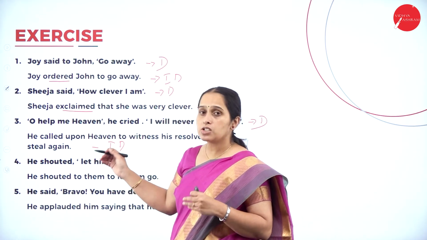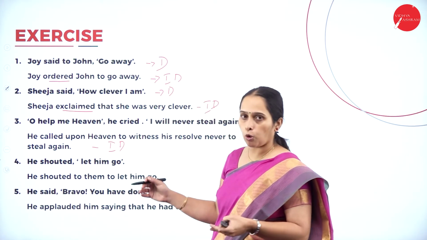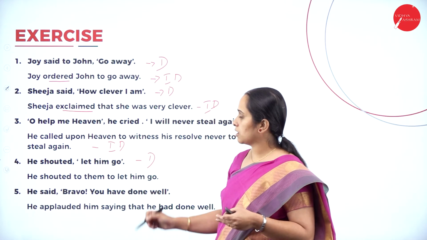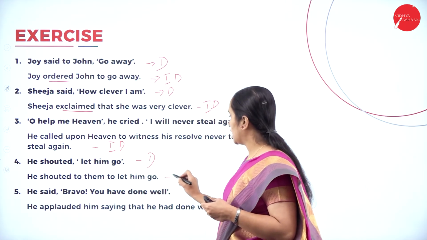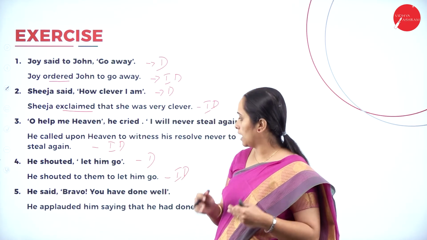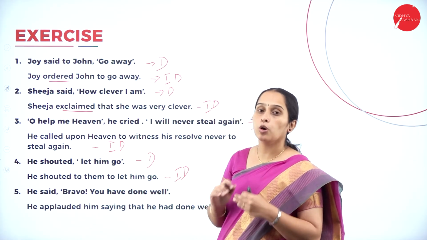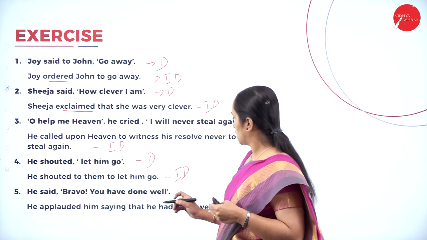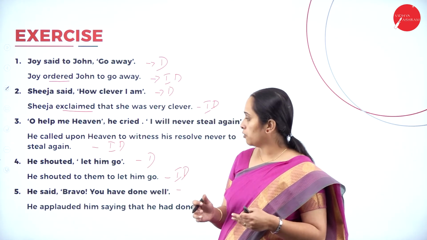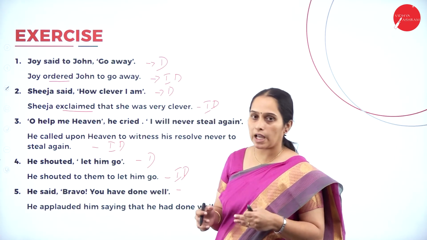Next, he shouted, "Let him go." So that is the direct speech, and the indirect speech is like this: He shouted to them to let him go. Next, he said, "Bravo, you have done well."